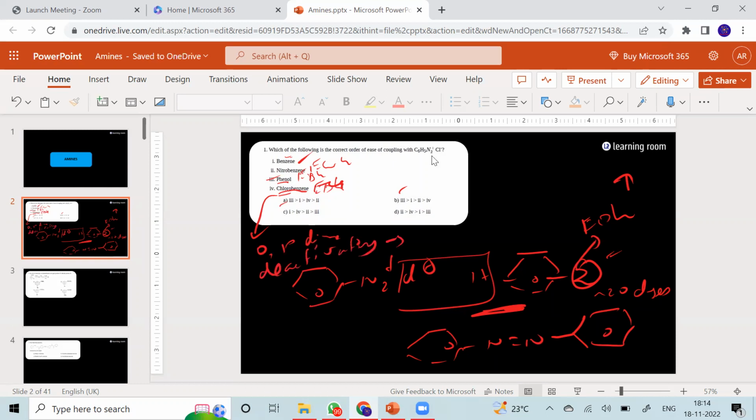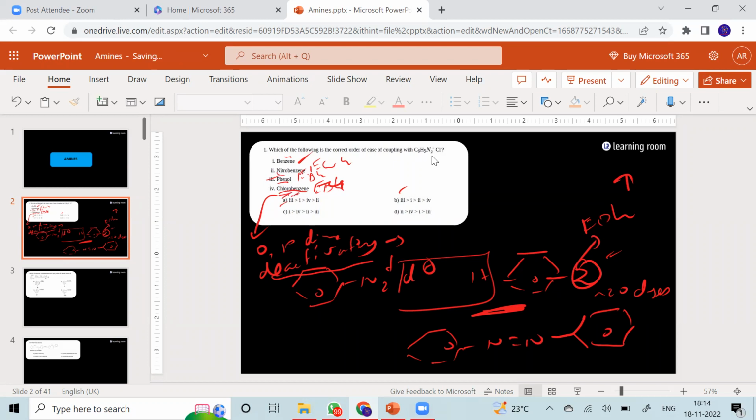What do you mean by deactivating? It deactivates the benzene ring towards electrophilic aromatic substitution reactions. So benzene is going to be more reactive. Nitro is also deactivating.